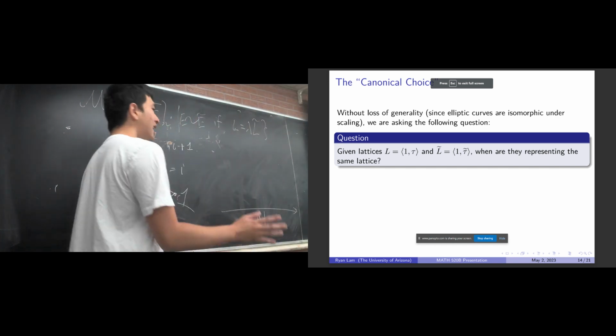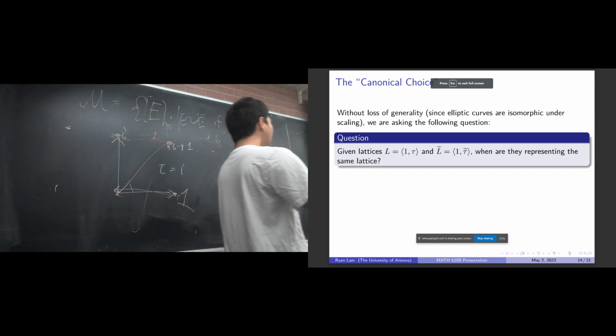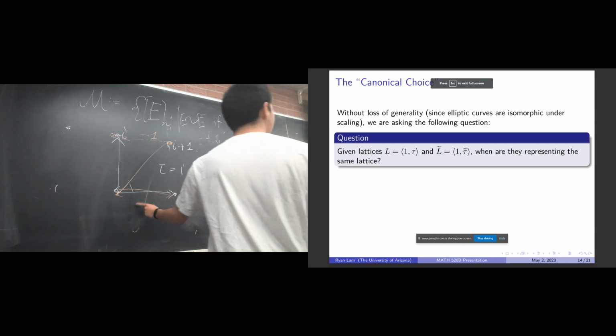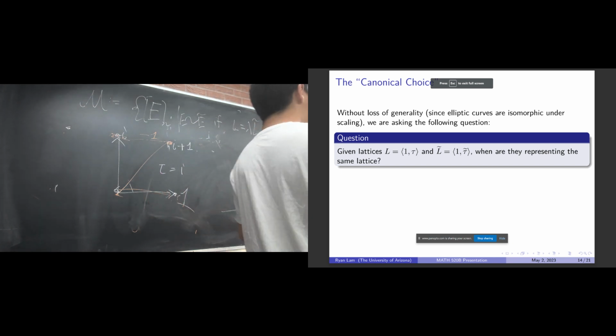And without loss of generality, because we don't care about scaling, and every scaling must give the same tau, we can just assume one of the omega 1 to be 1.